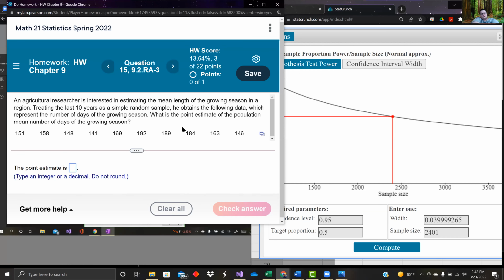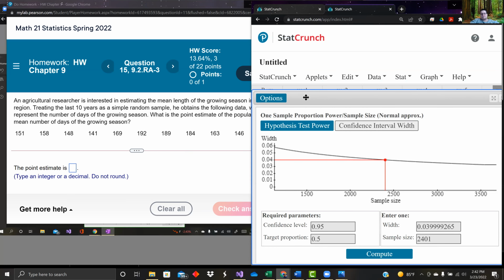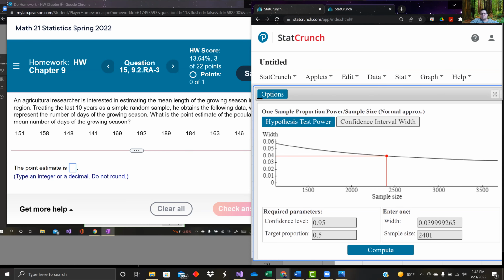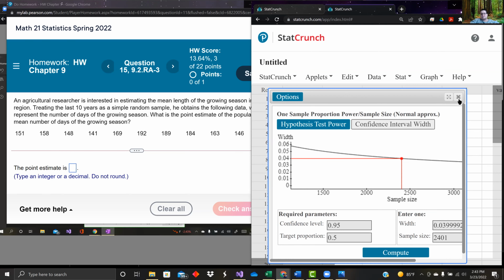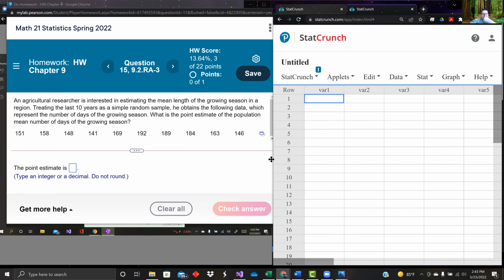An agricultural researcher, let me close this. An agricultural researcher is interested in estimating the mean length of the growing season in a region. I'm going to type these in. I know I can click on this box right here, but in order to keep the windows where they're both on the screen at the same time, I kind of needed to type them in.